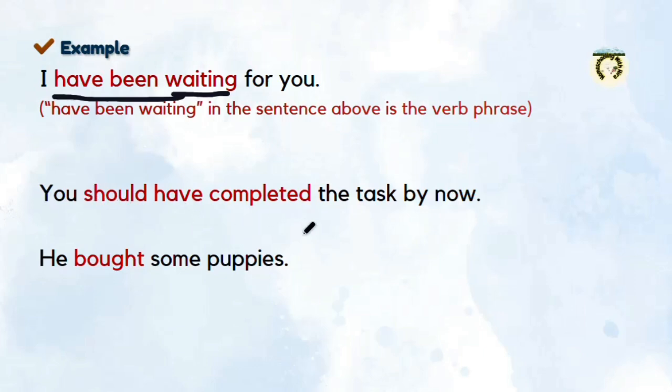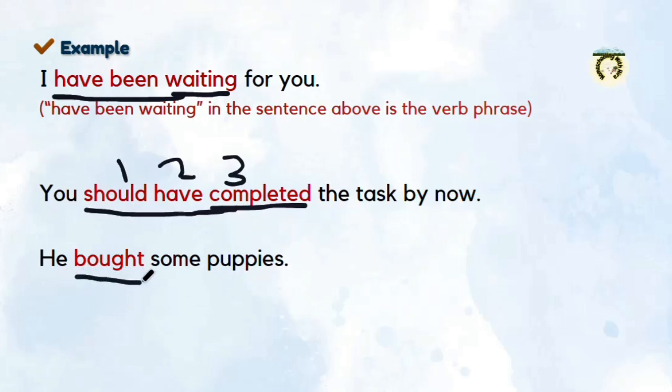You should have completed the task by now. Completed is our verb. It's a main verb, but these auxiliaries are also connected with completed. So now it is a phrase. A group of words is a phrase. And which type of phrase is it? It's a verb phrase. He bought some puppies.